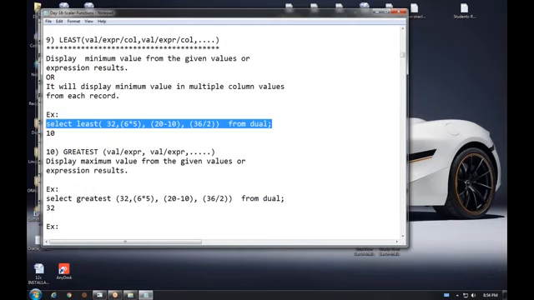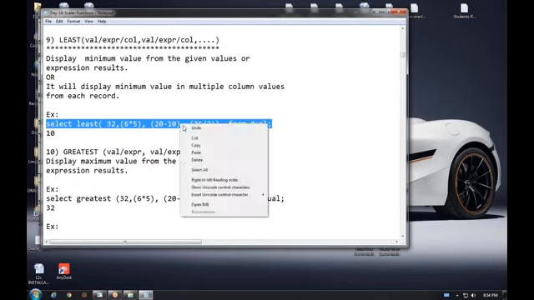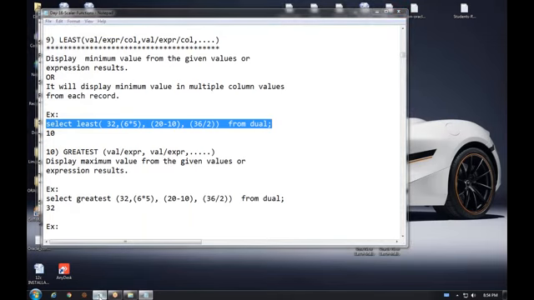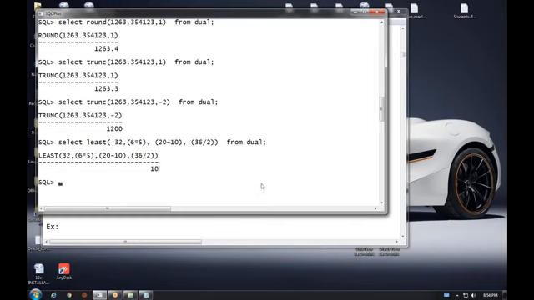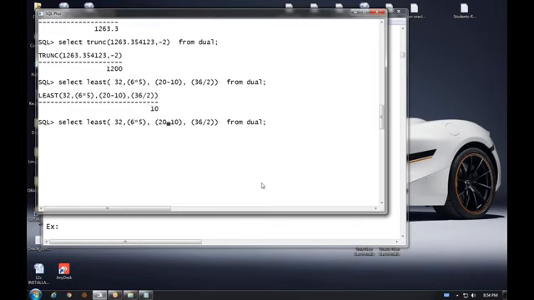From the given values and expressions, it will display the minimum value. Greatest will display the highest value. Min and max functions do not execute on given values; they can only execute on column data. But least and greatest both execute on given values also.